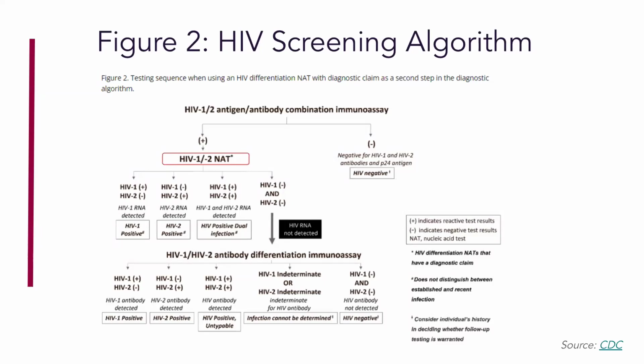If the NAT test is positive and the antibody test is positive, then we consider that individual chronically infected, and they've been infected for more than 4 to 6 weeks, but could have been infected for 10, 15 years. Okay, next slide.